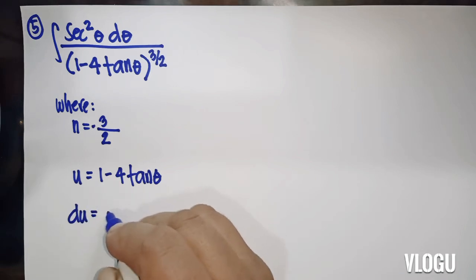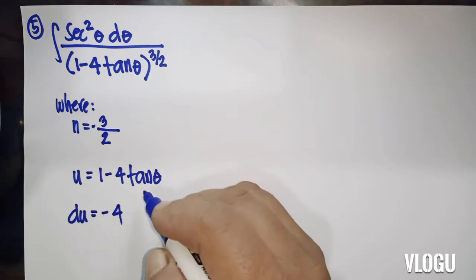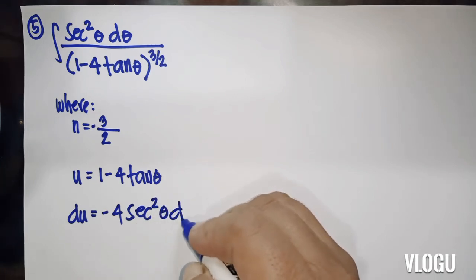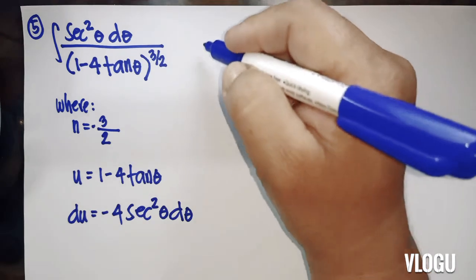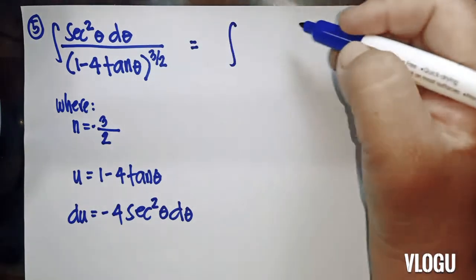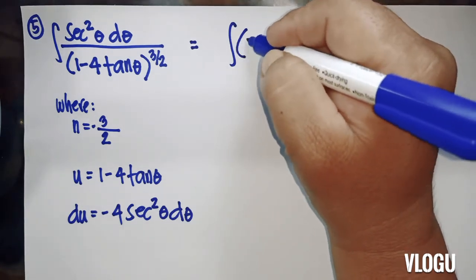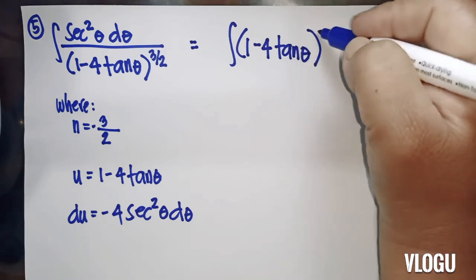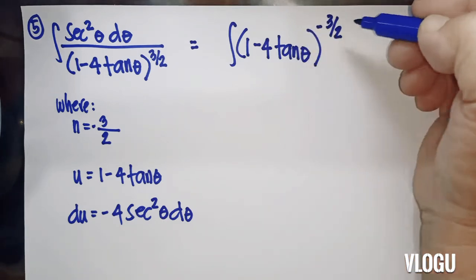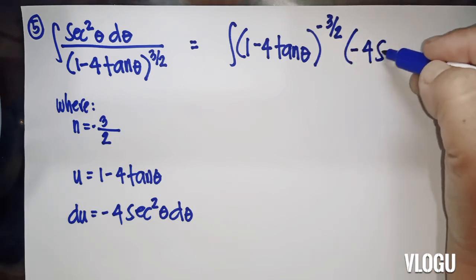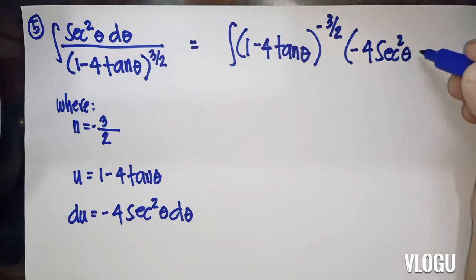Du, you will have negative 4 times the derivative of tangent, secant squared theta d theta. So therefore, you will have the integral of 1 minus 4 tangent theta to the negative 3 halves, then negative 4 secant squared theta d theta.